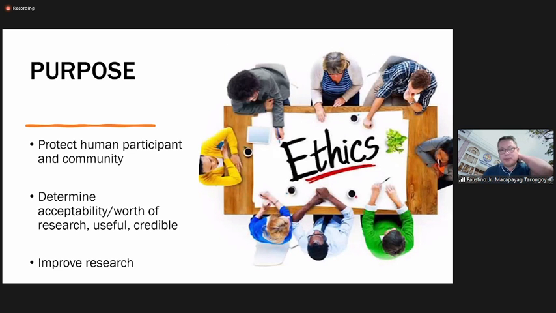So the purpose of the review process is, again, simply to protect the human participants and, naturally, the community in general. The review will therefore help determine the acceptability of your research, that means ethical acceptability, and most importantly, its worth, its usefulness, and its credibility.